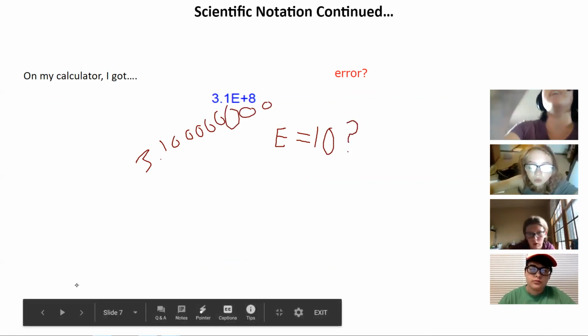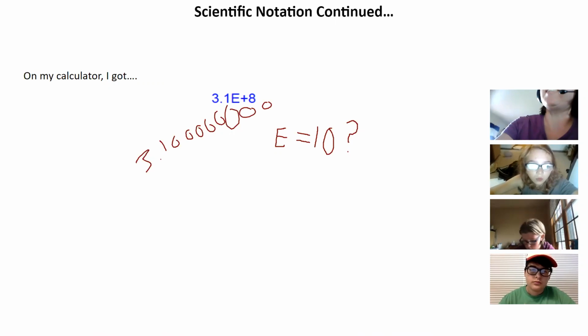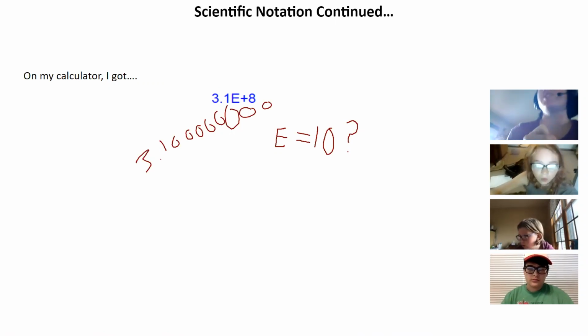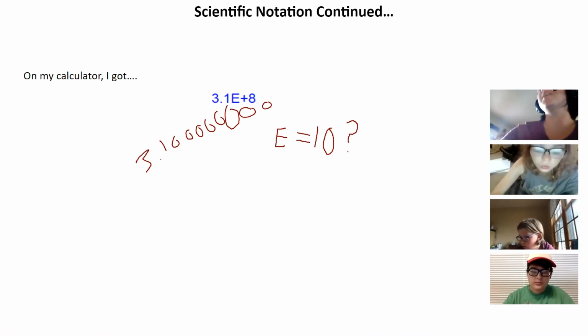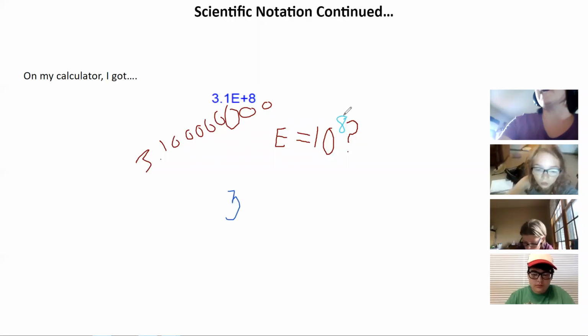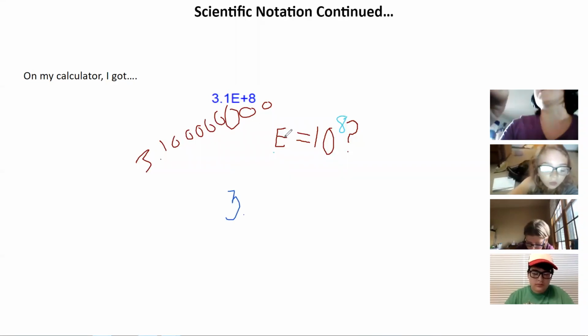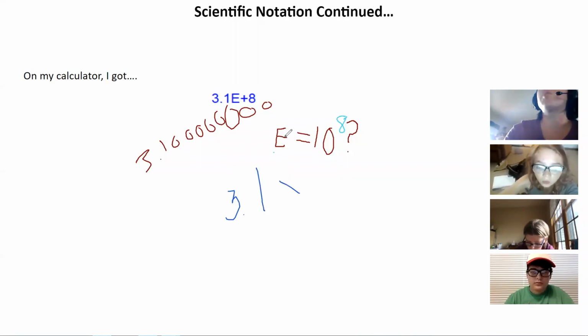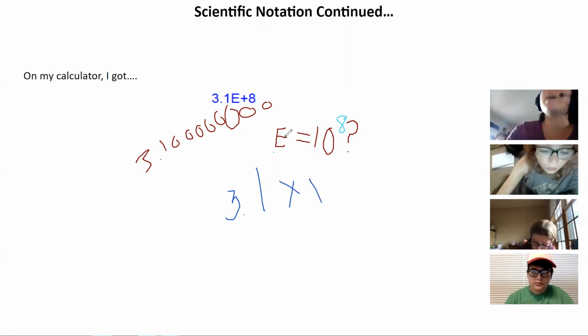Somebody said E stood for exponent, right? And yeah, I like this here. E is how many zeros there are. It could either be the 10 to the 8th, the exponent that you're thinking. It could tell you that the 8 is an exponent. Either way you guys are looking at it is absolutely correct.